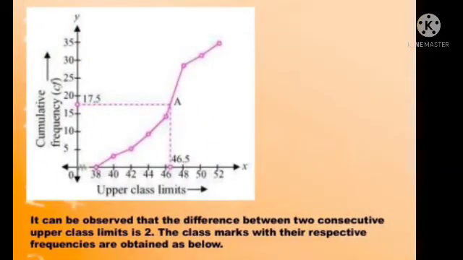After marking the points, we have the graph as follows. It can be observed that the difference between two consecutive upper class limits is 2. The class marks with their respective frequencies are obtained as follows.